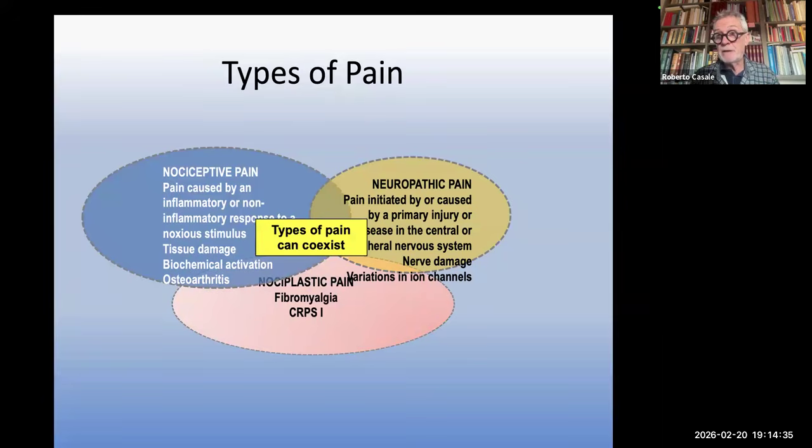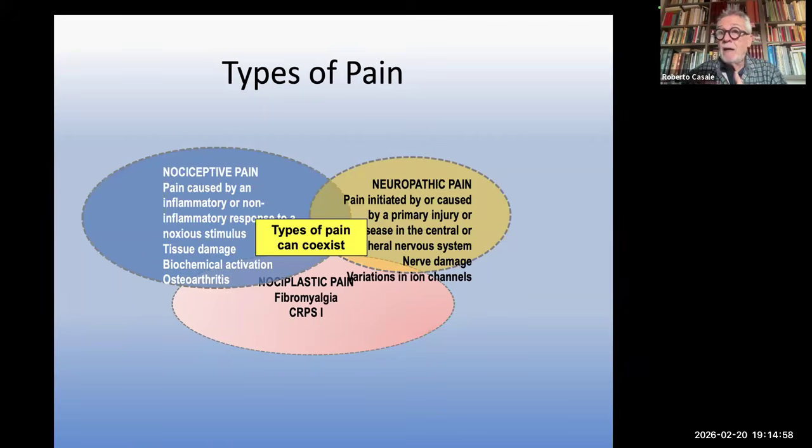So in the same patient, you may have more components. For example, I know that you are familiar with fibromyalgia, but in a patient with fibromyalgia, you may have a carpal tunnel syndrome with a neuropathic pain component.